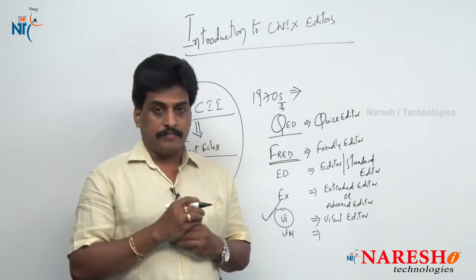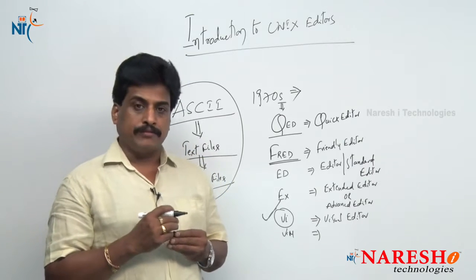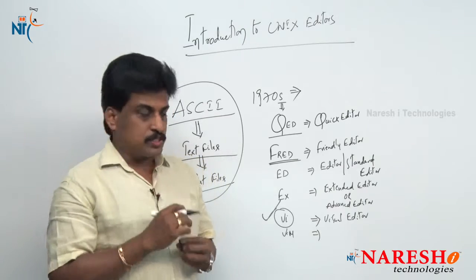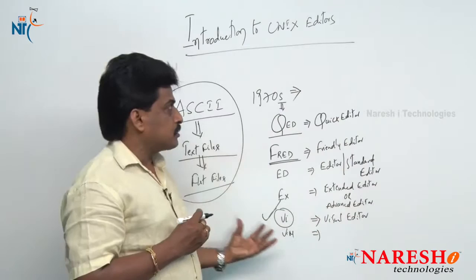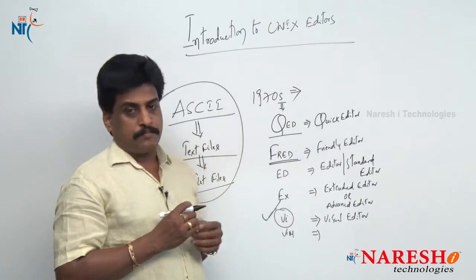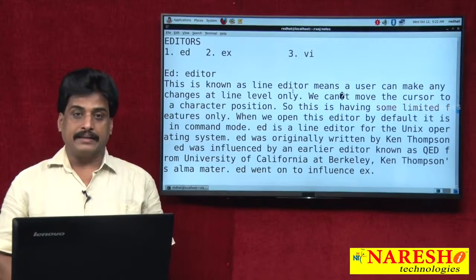WQ is save and quit. Exclamation Q is forcefully quit. Like this, different commands are available in the vi editor. So how we implement programs or shell scripts in the vi editor, we'll observe practically, one by one.